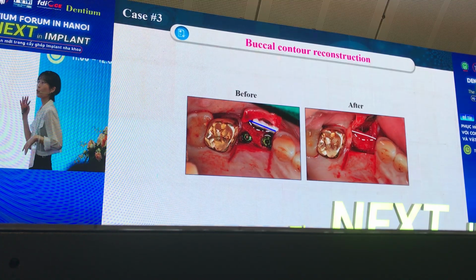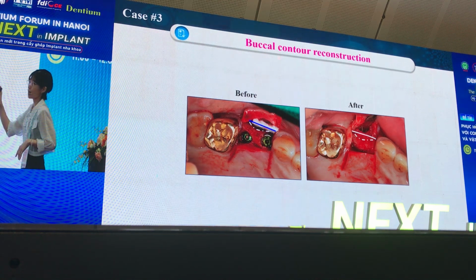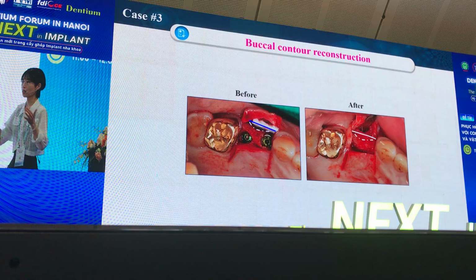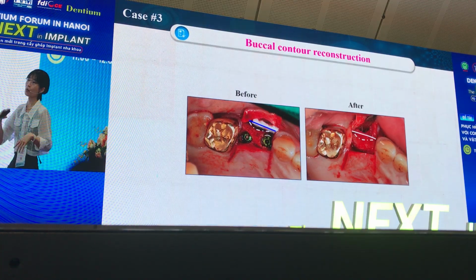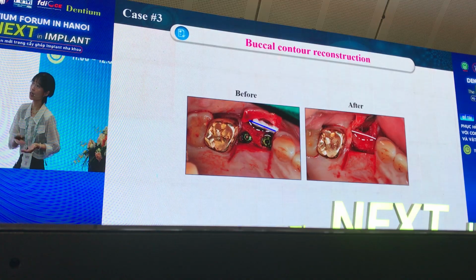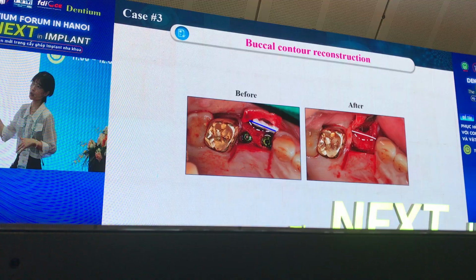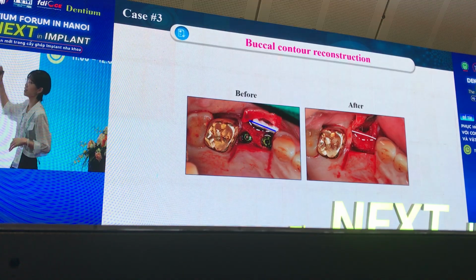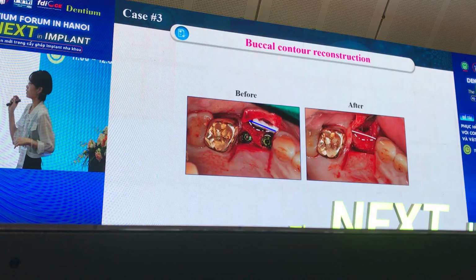So when we apply the collagen matrix like this, it means the concave structures which have high potential for regeneration can make good bone regeneration, and also thicker, deeper regeneration, just using the collagen matrix.